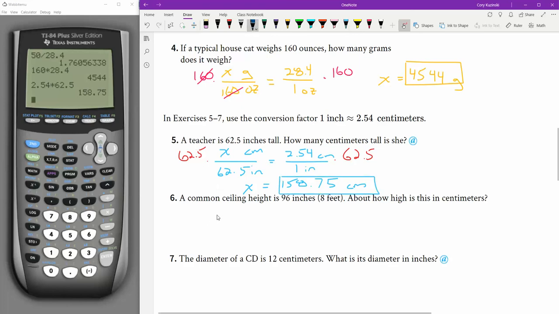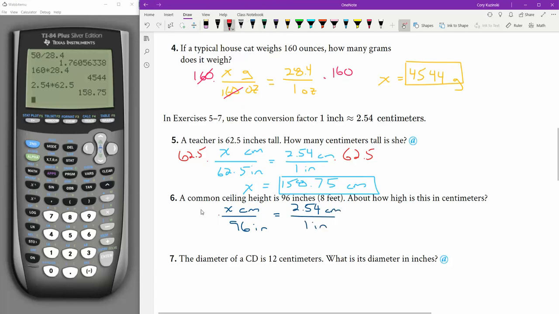Here we go again. Common ceiling height, 96 inches or 8 feet. 8 times 12 is 96. About how high is this in centimeters? So let's go x centimeters and 96 inches. And then we'll go 2.54 centimeters is 1 inch.